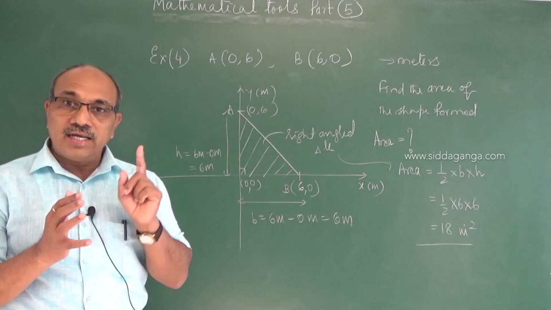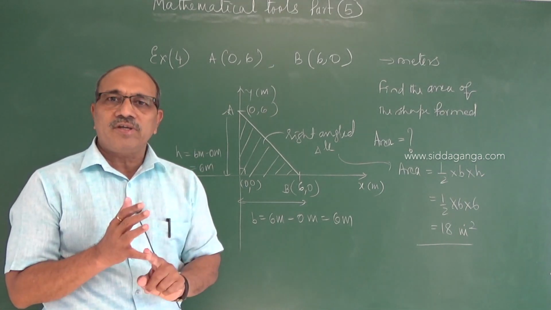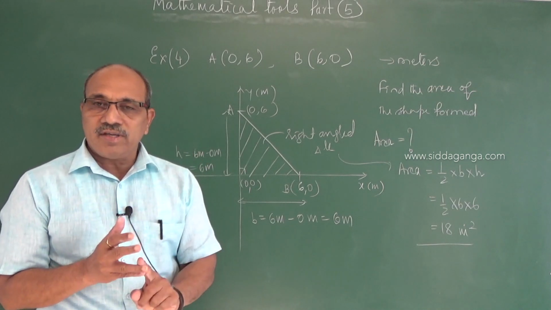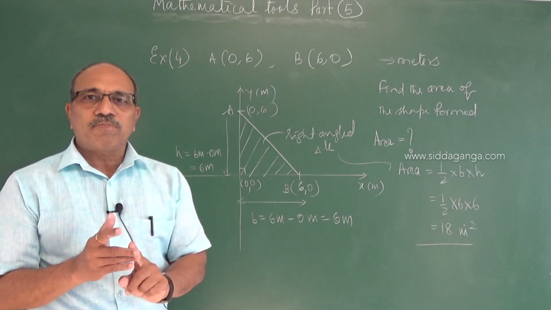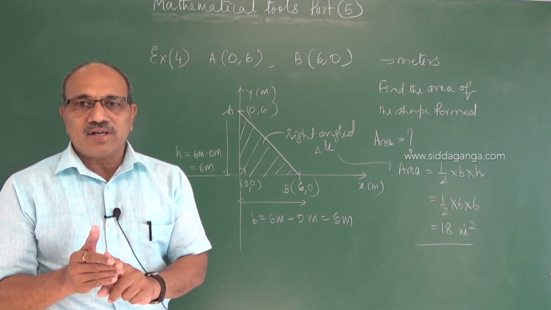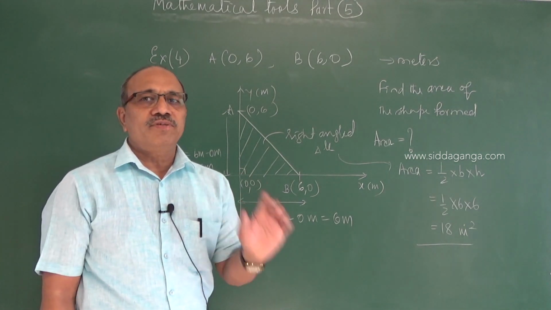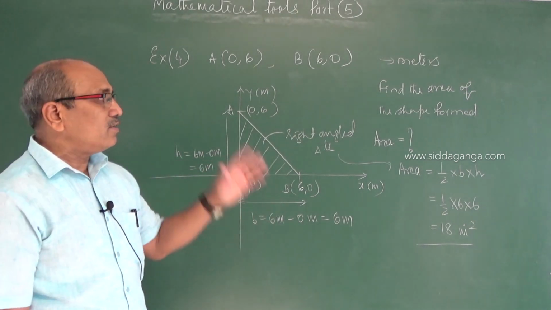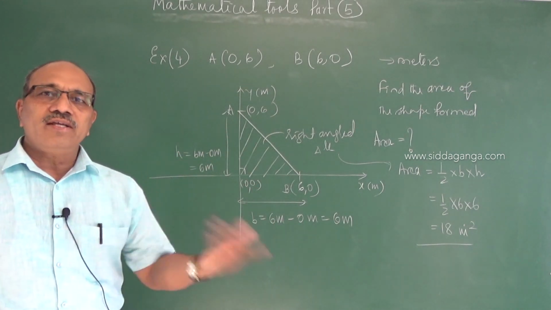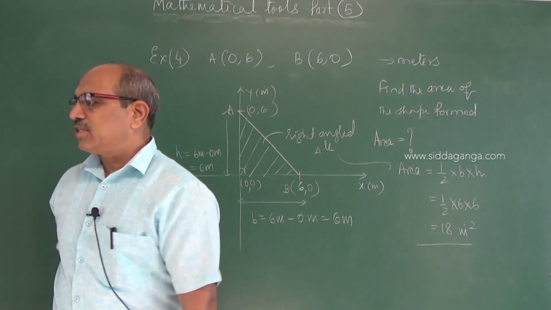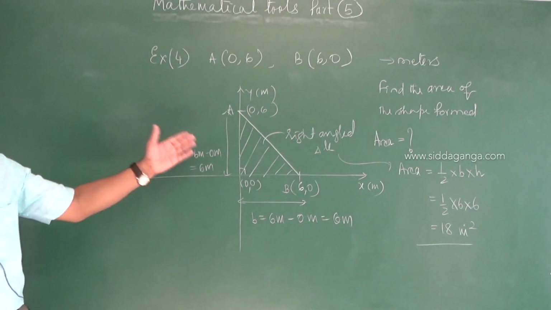Second, identify the shape. Use the proper formula and calculate the area. This is most required in physics. If they give some coordinates, finding the area, you will get many physical quantities. Let's note it down.